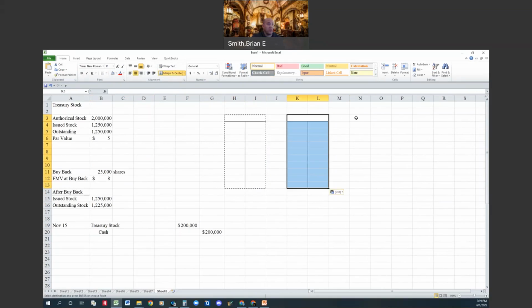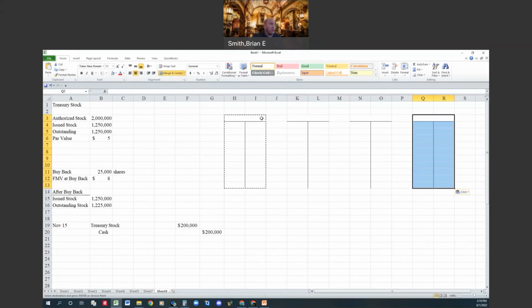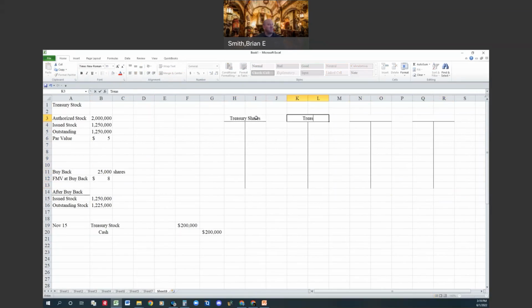I'm actually going to put up 3, I may not need them all, but I just want them available. So this one we're going to put as treasury shares, and then treasury amount.